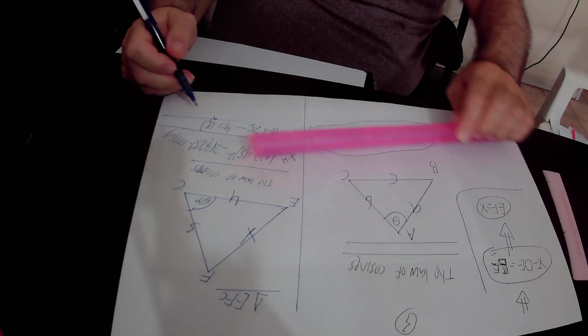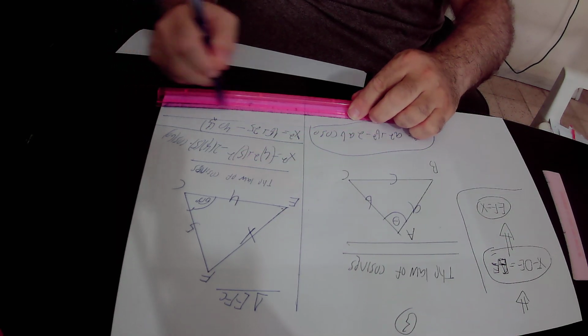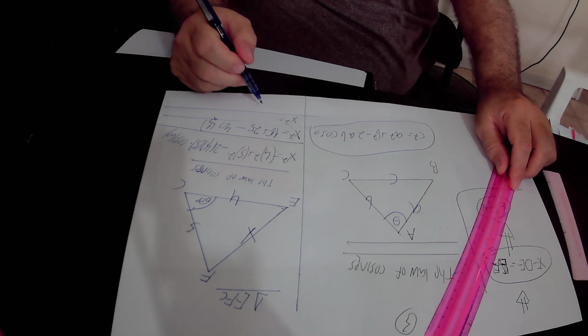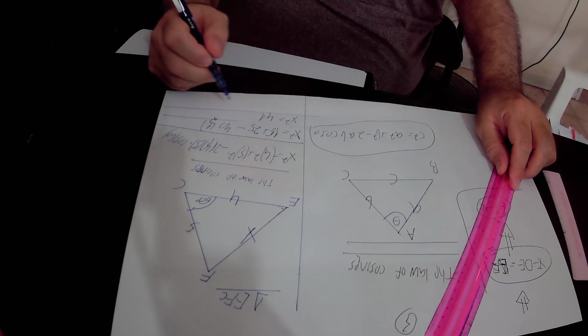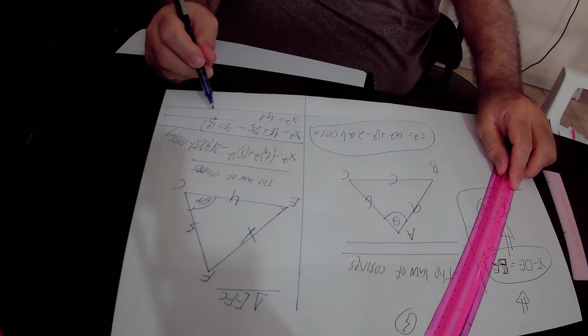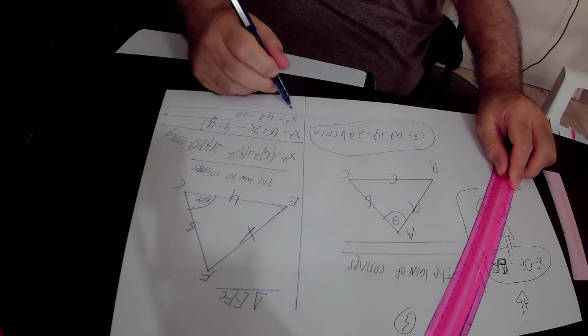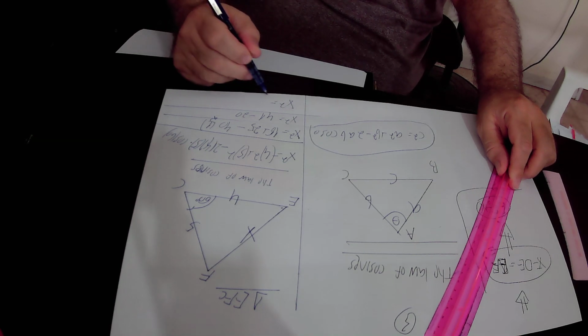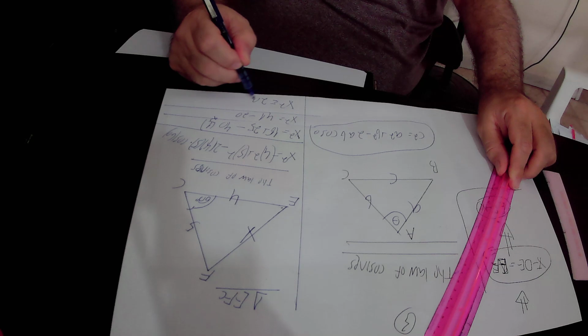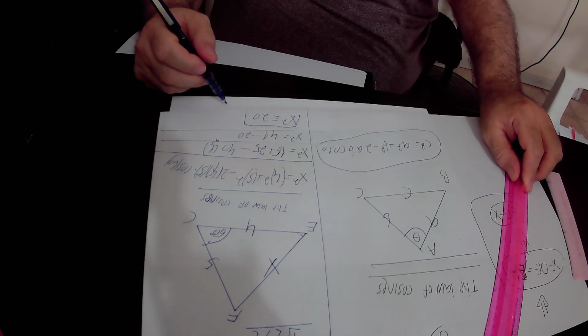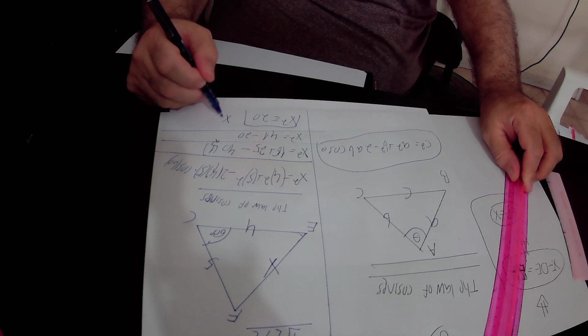So in conclusion, we found that x squared equals 16 plus 25 is 41, minus 40 over 2 is minus 20.